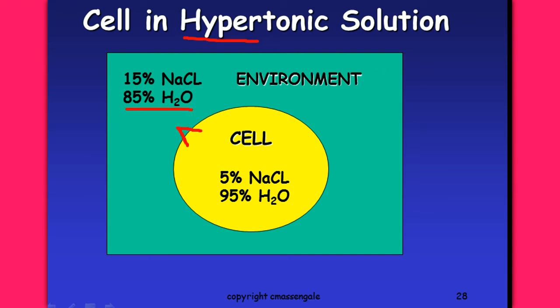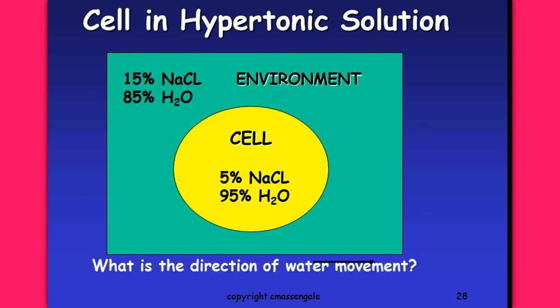If I use my less than sign, I can see that 85% is less than 95%. So that means, which direction is the water going to go? The water is going to move out of the cell, and the impact on the cell is going to be that it's going to shrink up.